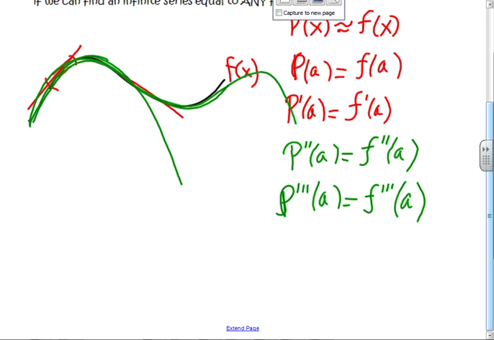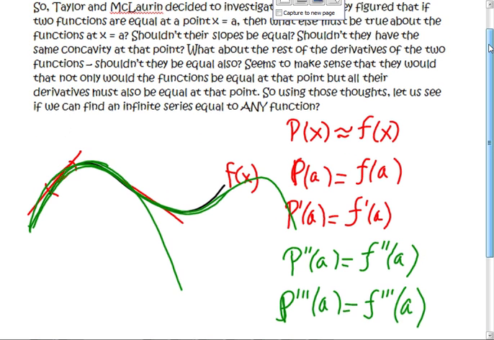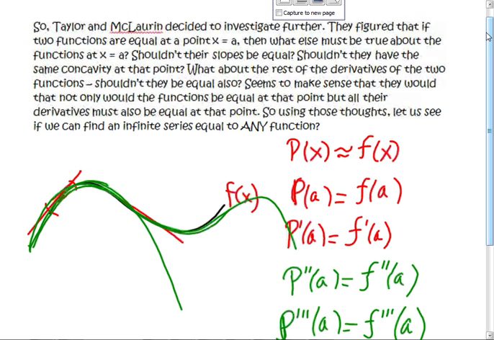We're going to have you approximate this. Okay, so shouldn't this have the same concavity at that point? What about the rest of the derivatives of the two functions? Shouldn't they also be equal? The polynomial, the power series, you're trying to use to approximate this function. And to me, it's amazing that they are equal. Think of the geometric one, 1 over 1 minus x.